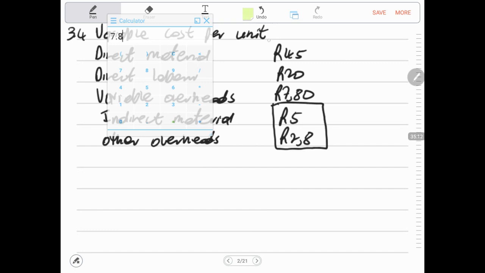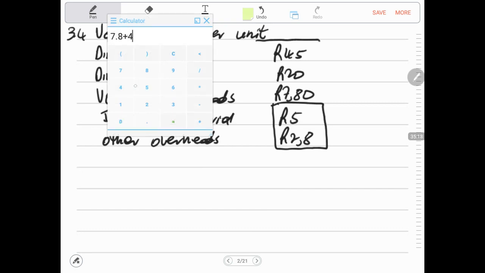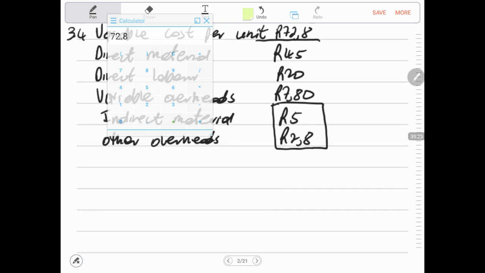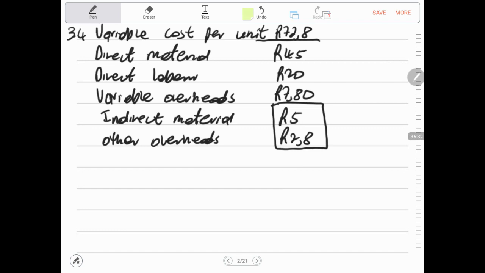Then 7 rand 80 cents plus labor plus material, 45 plus 20, I get to 72 rand 80 cents. 72 rand 80 cents is the variable production cost per unit. So it was important for me to do the workings in 3.3, though they were not much necessary, but they were important for the next question.